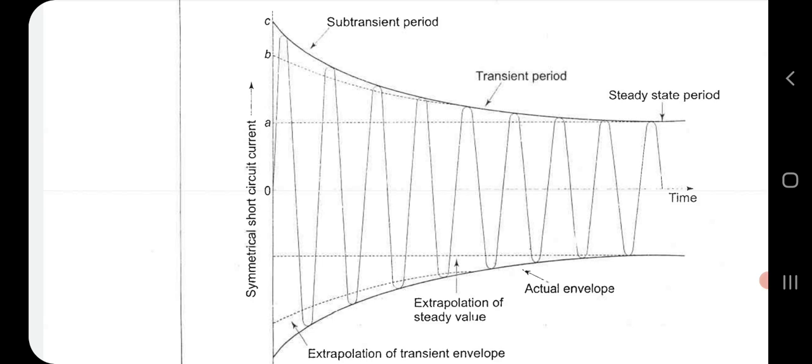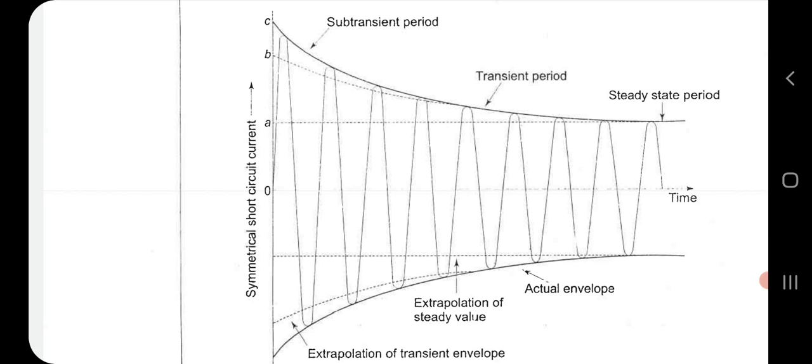Afterwards, the flux inside the armature or inside the generator reduces. When it reduces, it goes to the next state, that is called the transient. In the transient you can find only armature reaction, but the magnitude of the current here is more.